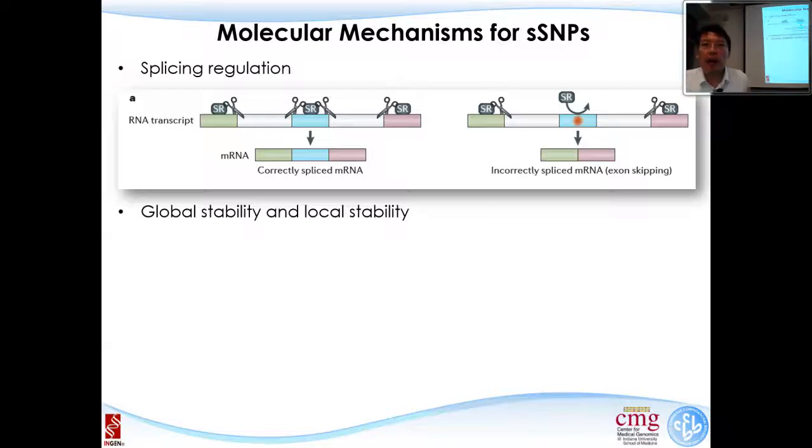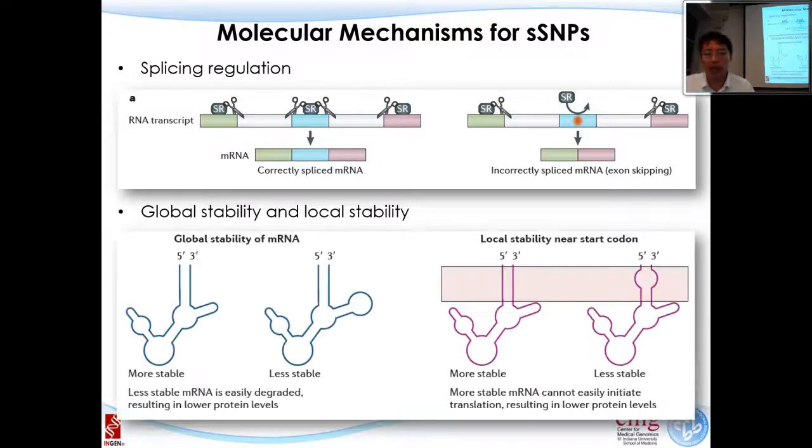Another possible way this works is through control of global stability and local stability. In this figure, we know that RNA forms secondary structures. These two are almost identical in structure, except for this part.